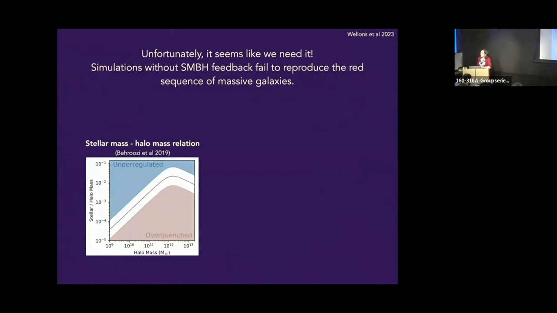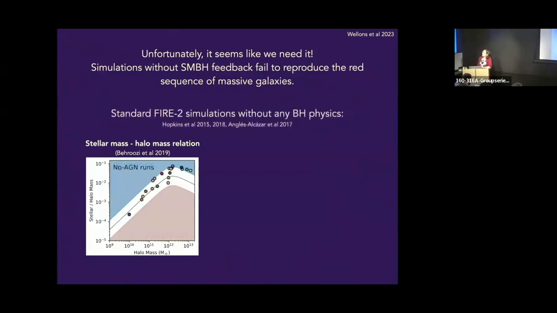There's that characteristic turnover at halo masses of 10 to the 12 and above. The standard FIRE-2 simulations, these are zoom-in cosmological simulations of galaxy formation that do not include any black hole physics, match this relation as well as many others up to a halo mass of 10 to the 12 and then systematically overshoot it, indicating that star formation is not being regulated enough in those galaxies.